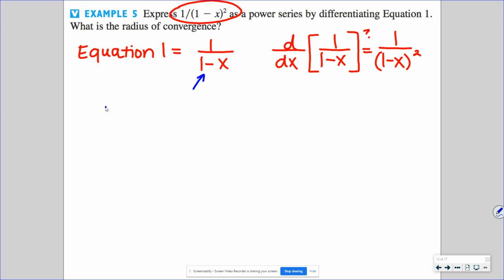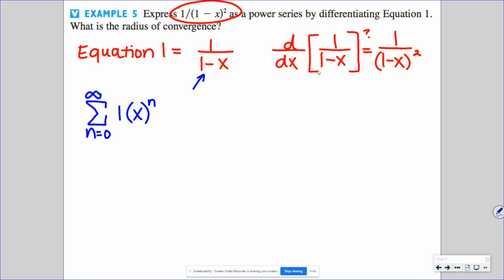So let's see, it's already in the correct format. So a is 1, r is x, to the power of n. Okay, that was pretty easy.